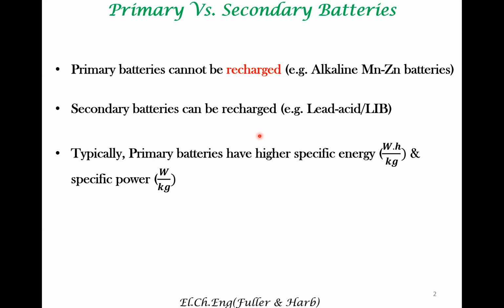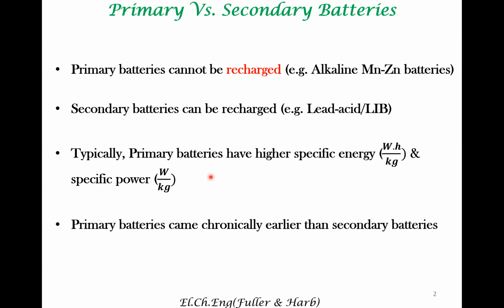If the structural changes are greater, you may get greater specific energy and specific power, but you cannot reverse these structural changes. That's why primary batteries have these two good features. However, they do not have the feature of being rechargeable.